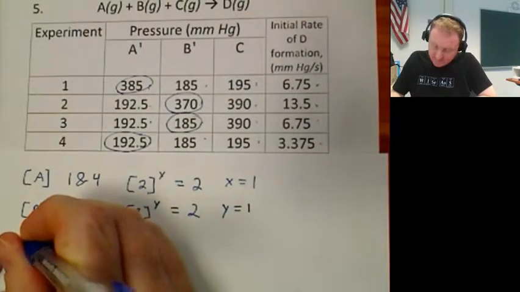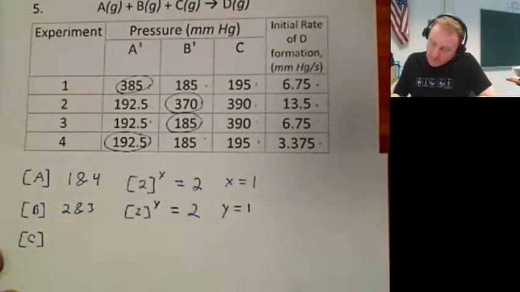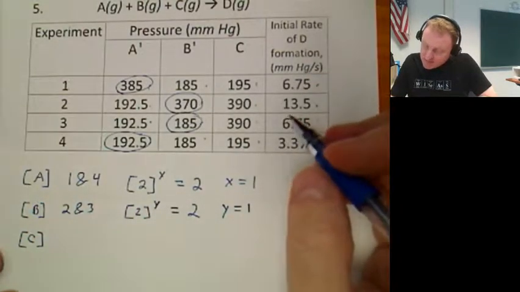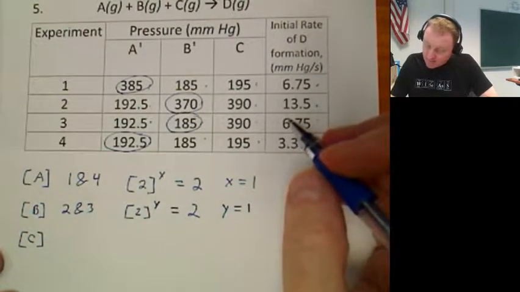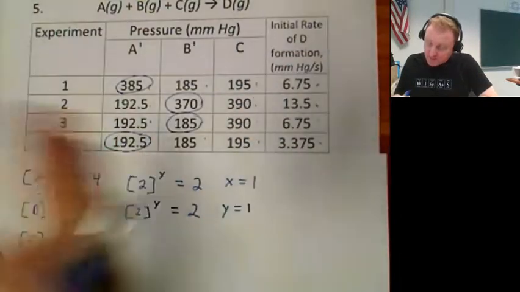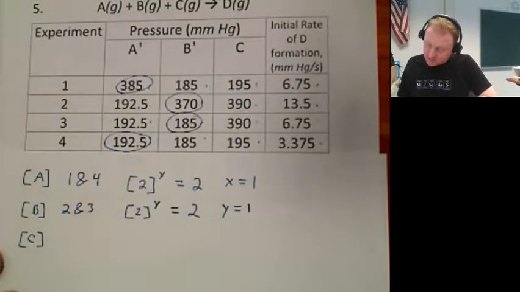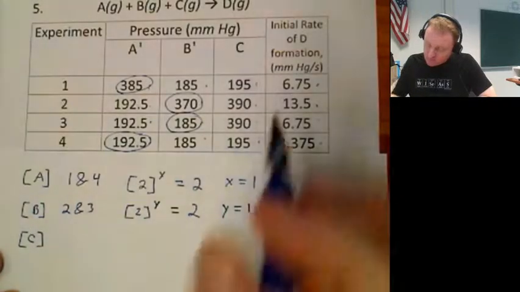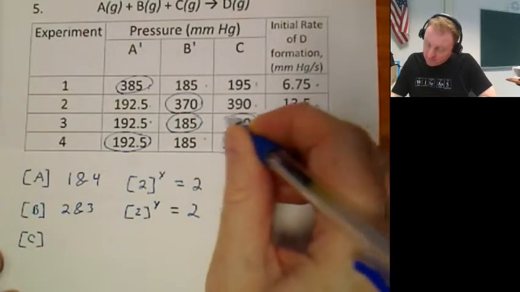Let's try C. For C, let's see an example where C is changing, but A and B are not changing. Maybe 3 and 4.